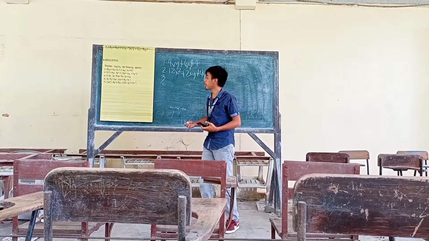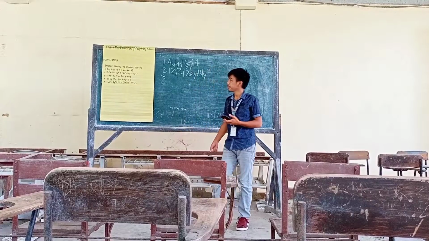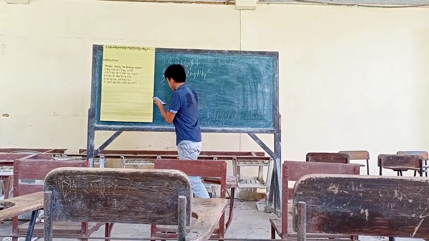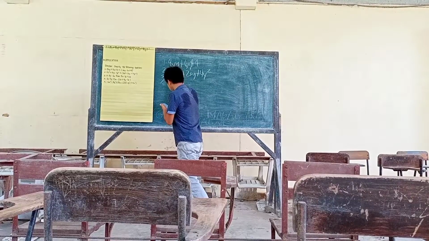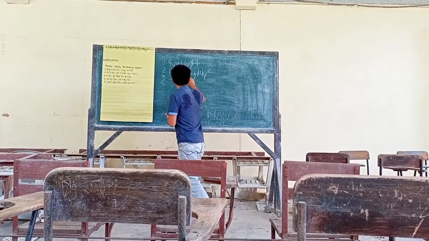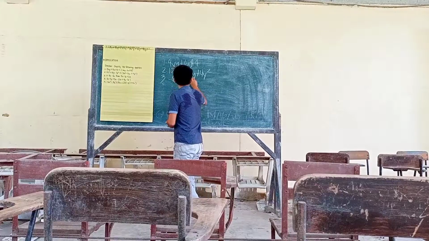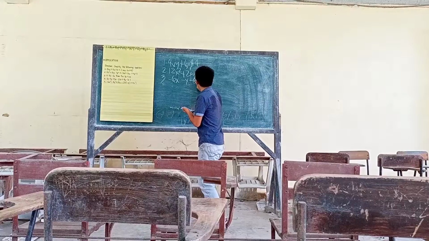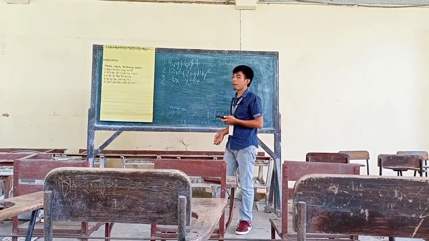Yes, John. What is the answer of number 3? Yes, the answer number 3 is negative 6x minus y minus 8z. So how about number 4?